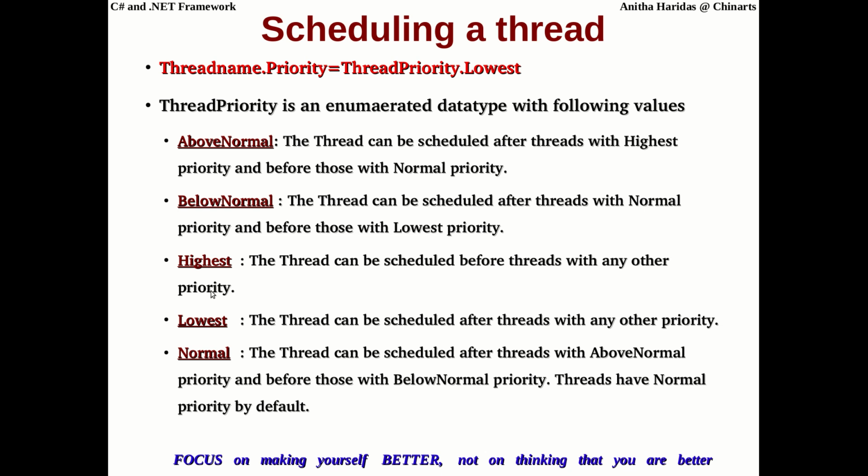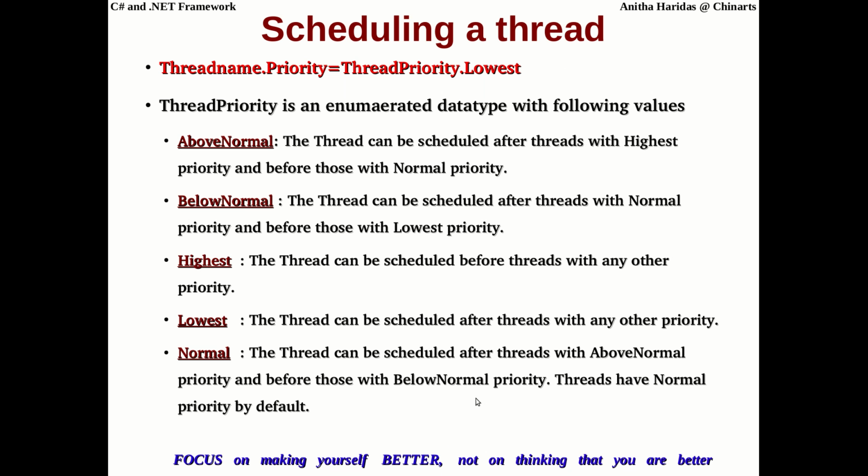Highest obviously gets the highest priority, Lowest gets the lowest priority, and Normal is the default priority, scheduled after AboveNormal and before BelowNormal. This is how the priority will be set for the thread.